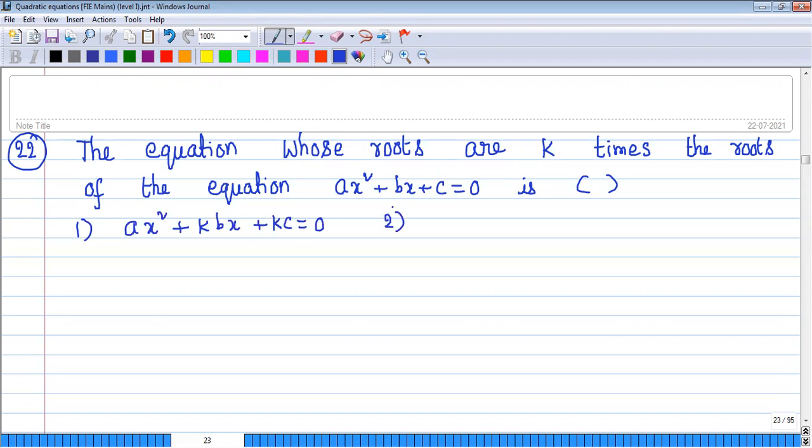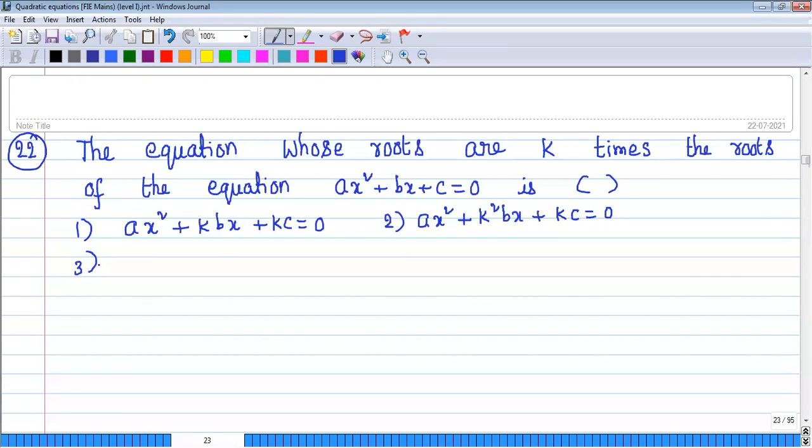Second one, ax square plus k square bx plus kc equals to 0.